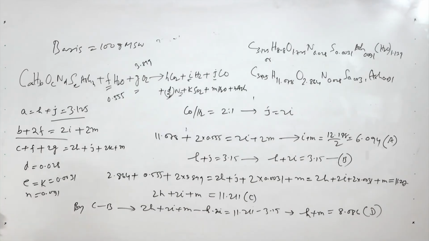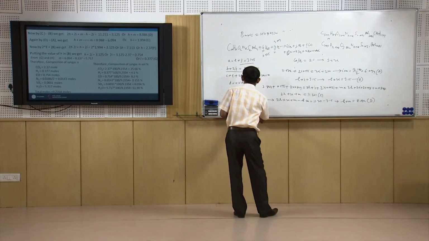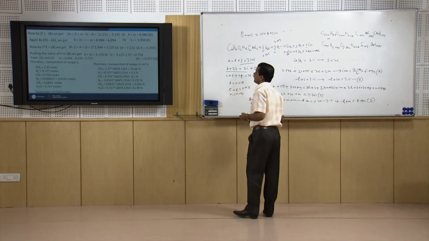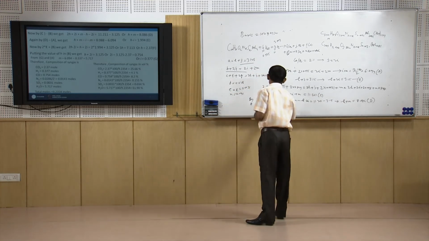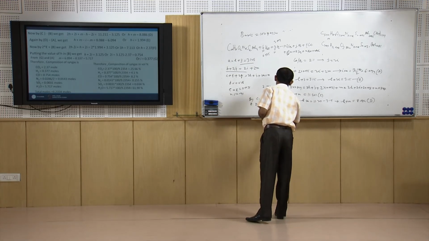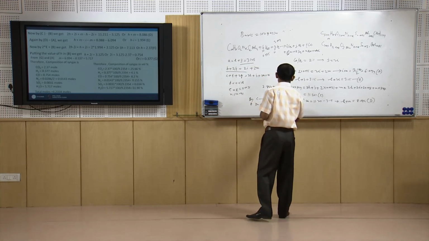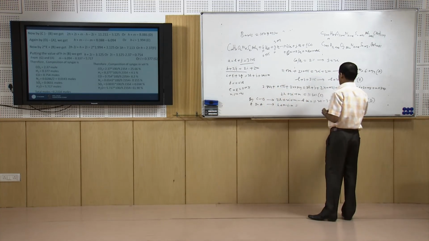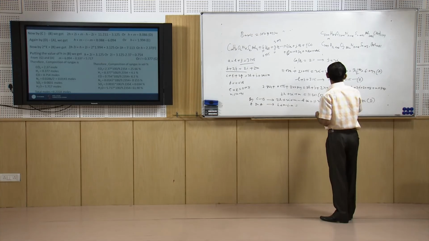Again by D minus A, we are getting H plus M minus I minus M. So, what is D? H plus M. What is A?